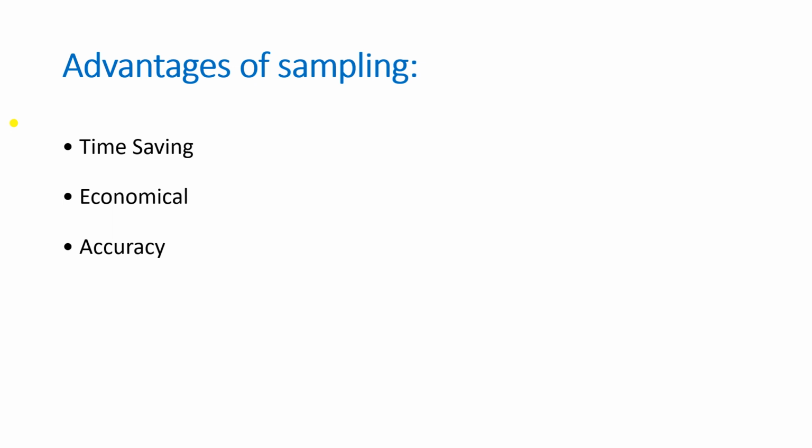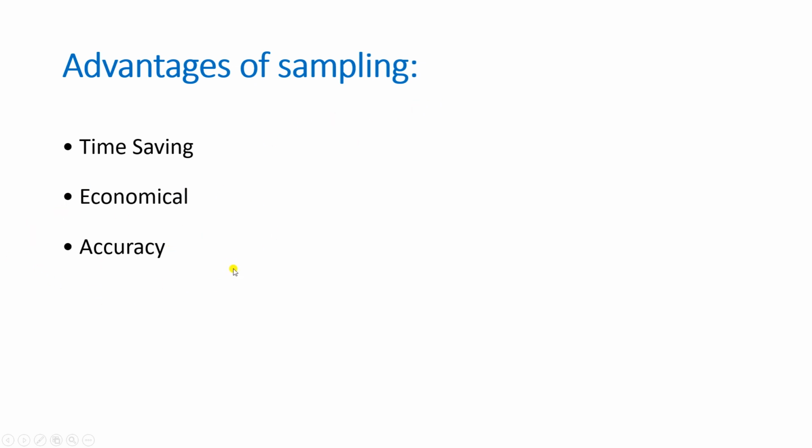Also, not to forget that I have to travel to different parts of the state and contact them individually. So that is time saving as well as economical. Not only economical, but a lot of resources, manpower, money, material, everything can be saved if we apply the sampling method.